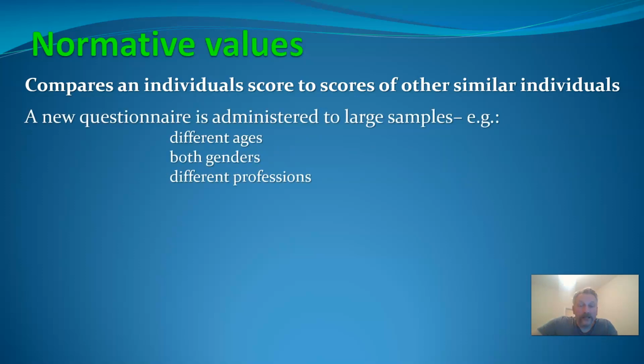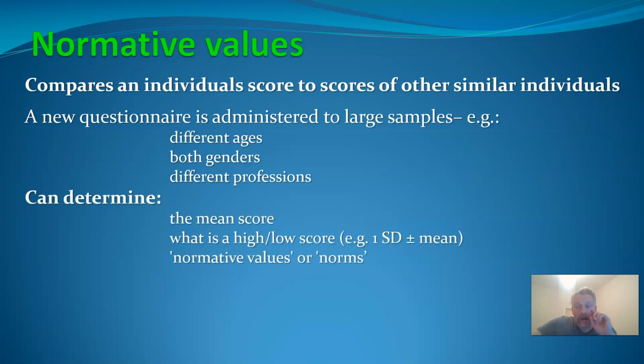And so that way, it's easy to identify how that person is comparing to their peers. As I said, it might be ages, genders, people from different professions or different socio-economic statuses, and so on and so on.